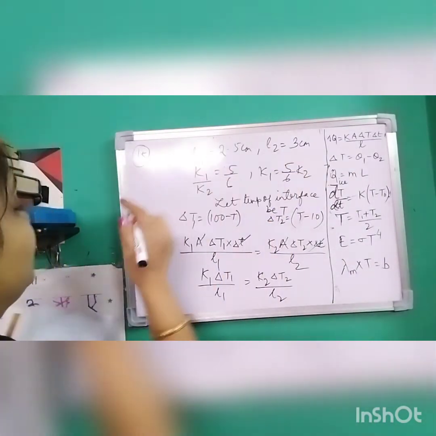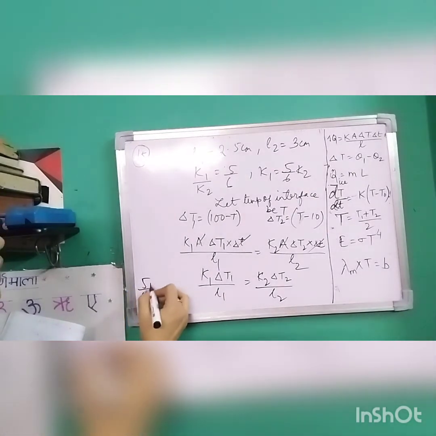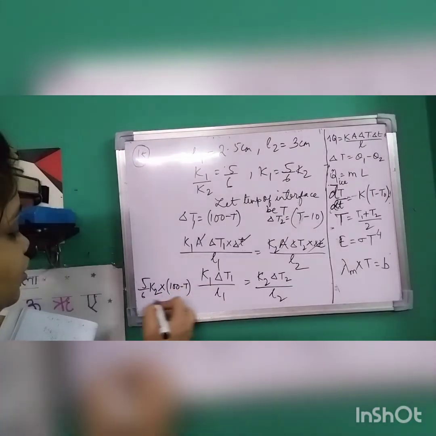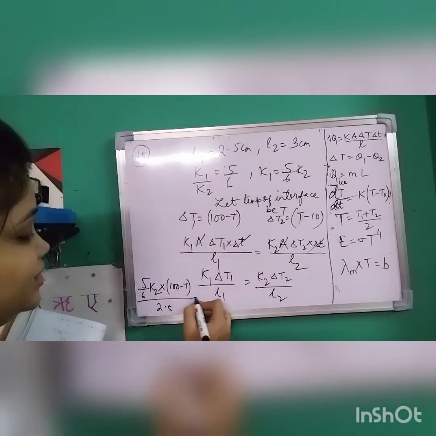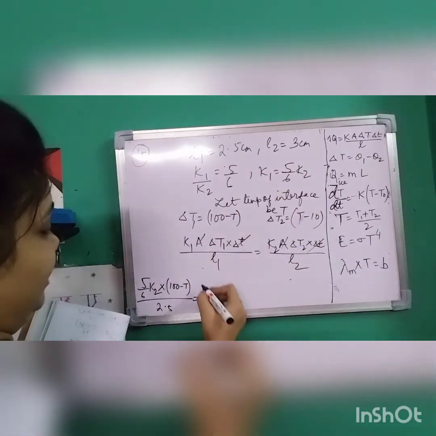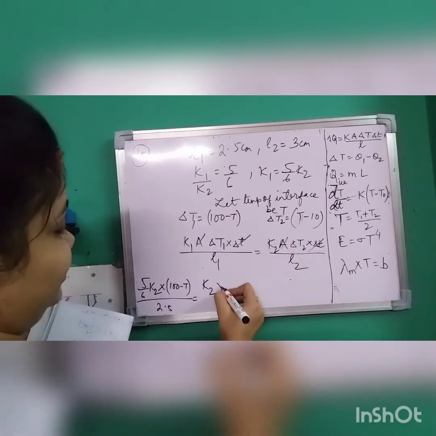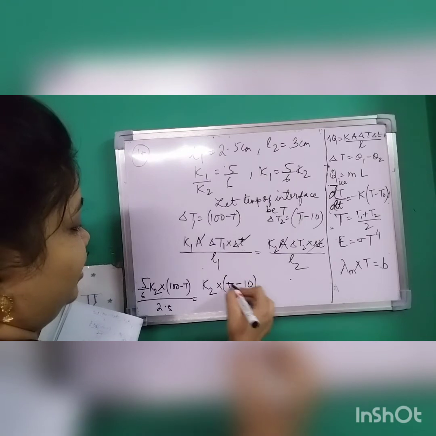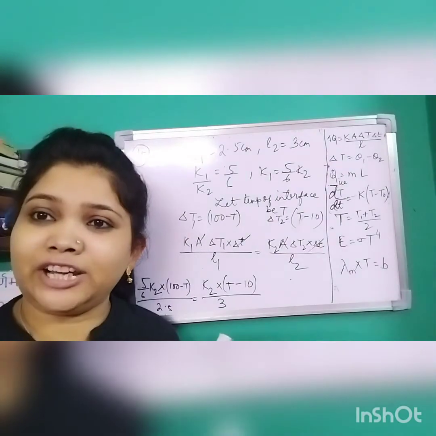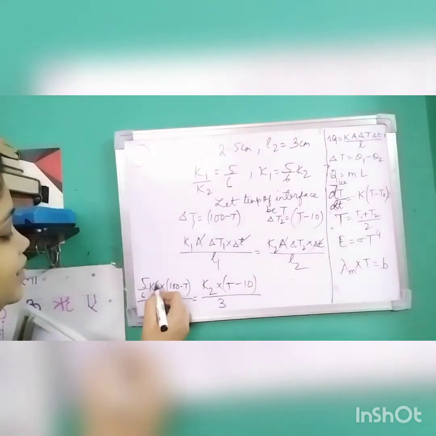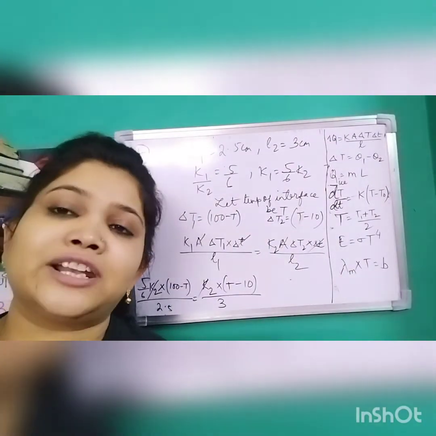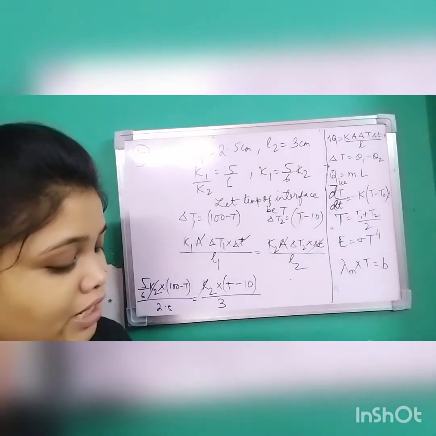Instead of K1, I can put 5 by 6 K2 into delta T1, which is 100 minus T, by 2.5, is equal to K2 into delta T, which is nothing but T minus 10, by 3. Obviously you can see that K2 gets cancelled. After this, just solve the linear equation and find out the value of T. You will easily get the value of T over here.